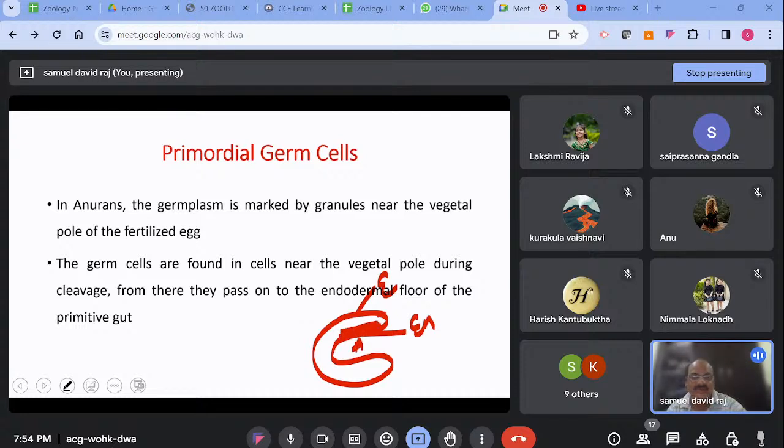Then this becomes the floor of the archenteron. Archenteron refers to the primitive gut. Arch means primitive, enteron means gut cavity or gut. Hence, this is the floor. And from the vegetal pole of the egg, after cleavage, morulation, blastulation, and gastrulation, they are seen on the endodermal floor of the primitive gut.